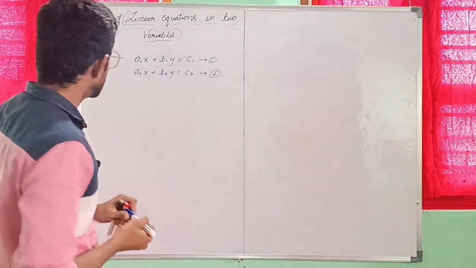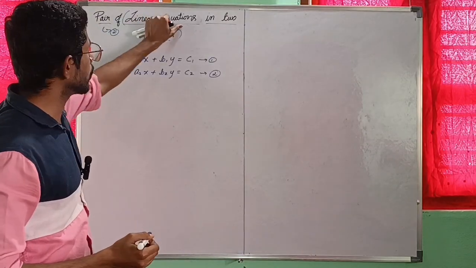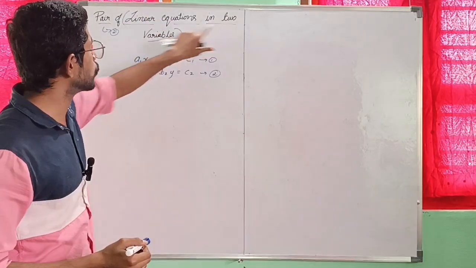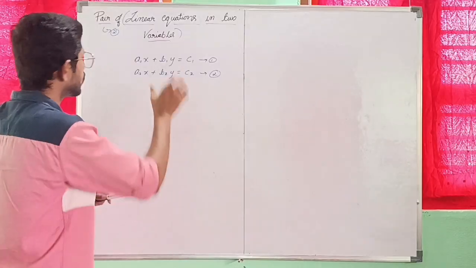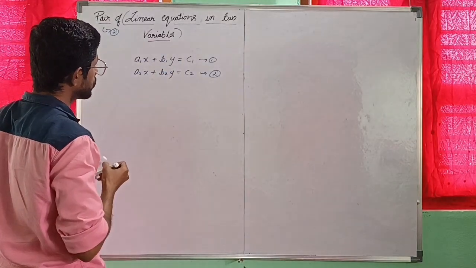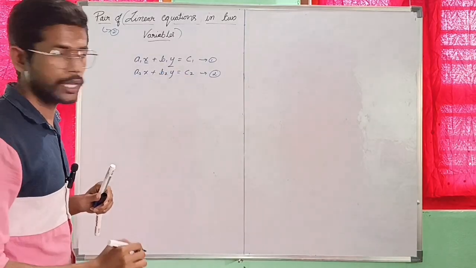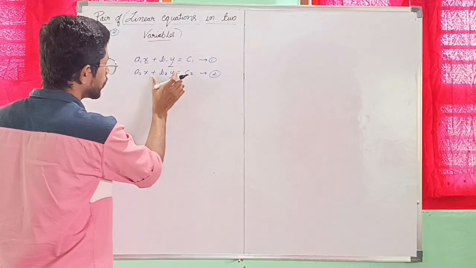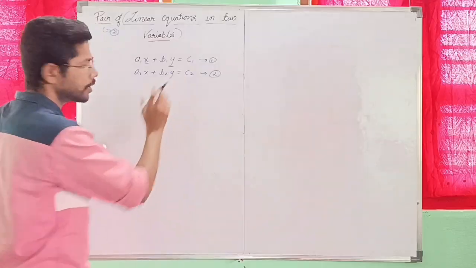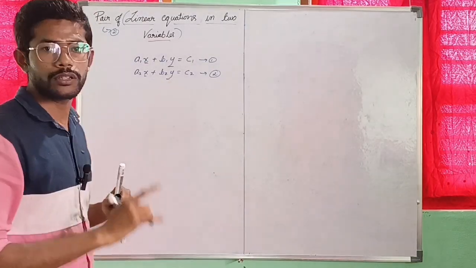Each equation is a linear equation in two variables, which consists of two variables, that is x and y. This equation 2 is also a linear equation which consists of two variables, x and y.